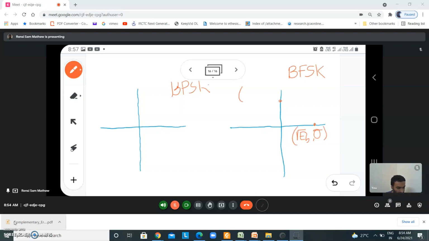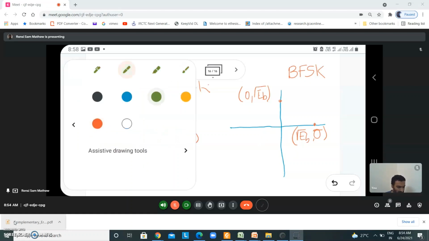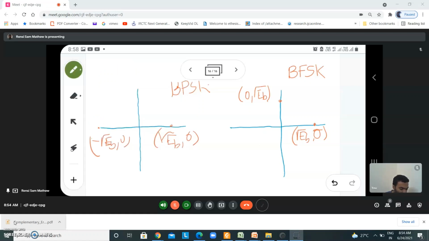But in BPSK, we know that the points are at square root of Eb, comma 0 and minus square root of Eb, comma 0. What is the distance between these 2 points?